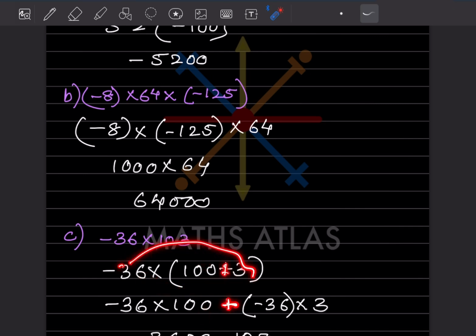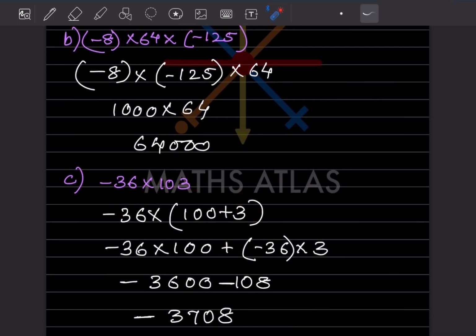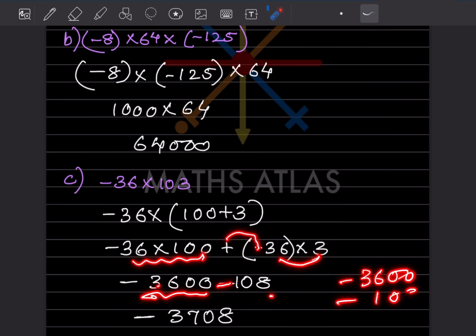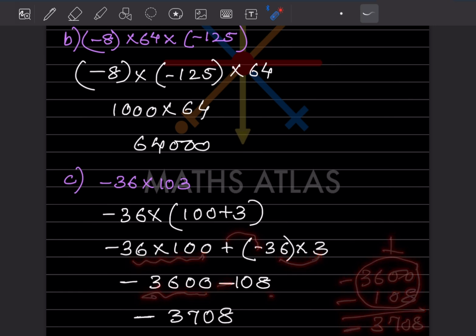This into this one, so -36 into 3. So this -36 into 100 is going to be -3600. And plus minus will be minus, and this will be 108. So -3600 minus 108. So this one we have to add it. So that will be 3708, and this will be the negative sign. So this is the answer.